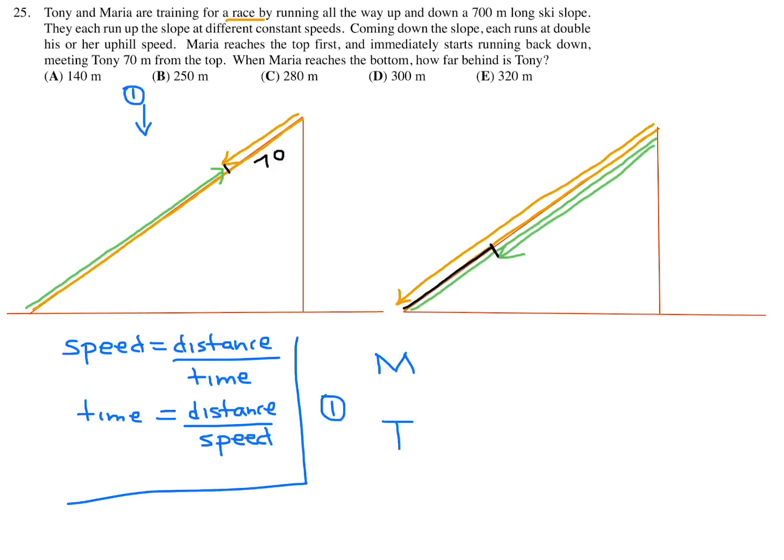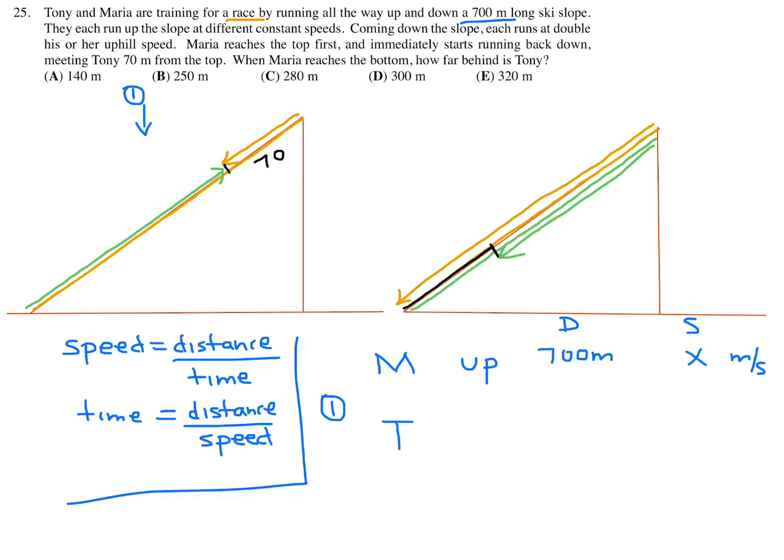When Maria is going up the hill, she has to travel 700 meters because that is the length of the ski slope. That is the distance, and her speed we don't know, so we'll just call it x meters per second.